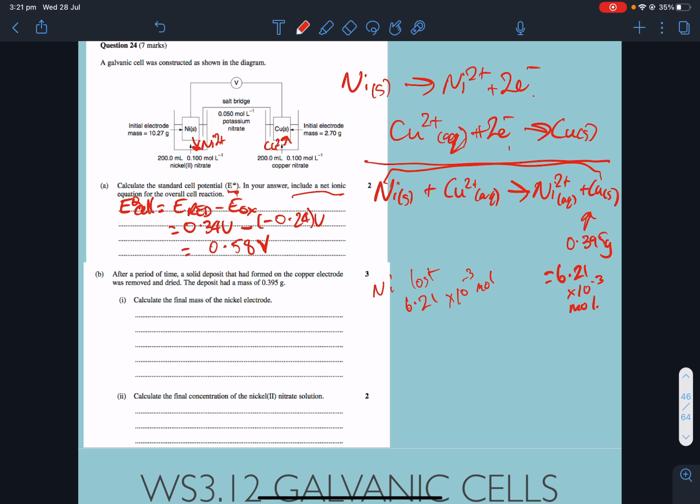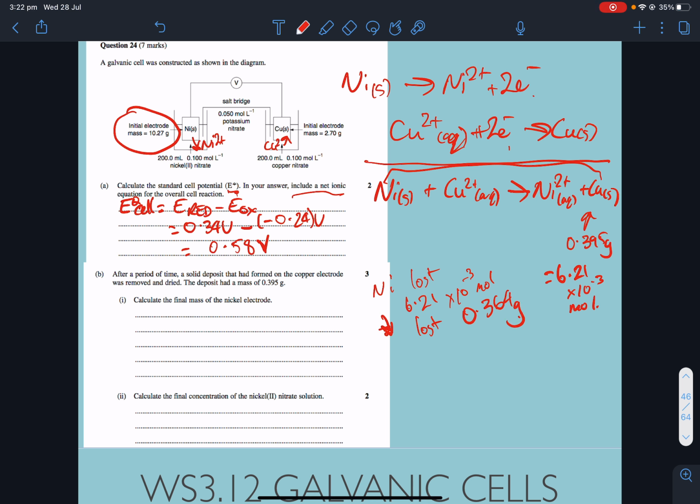The initial electrode mass, okay, so let's find out. I reckon it's better to go, it must have lost a mass of, so our moles times by the molar mass of nickel, 58.69. So it must have lost 0.364 grams.